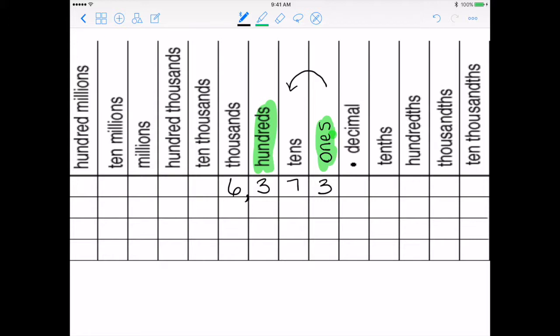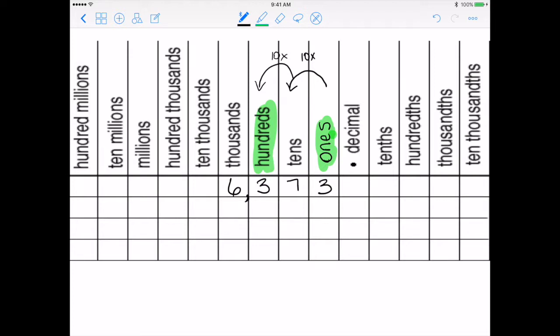Well, really, it's 10 times greater every time we move from one place value to the next. So if I'm moving from the ones place to the tens place, I've increased the value 10 times. And you go, Miss Dean, how's that possible? Well, here's how it's possible.